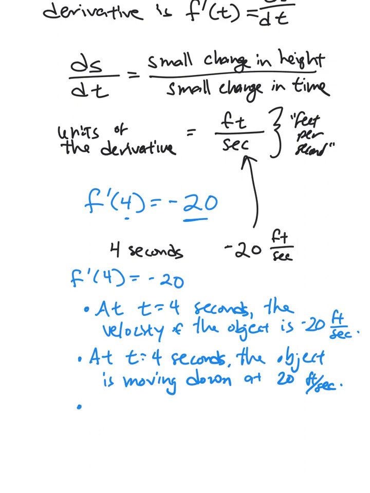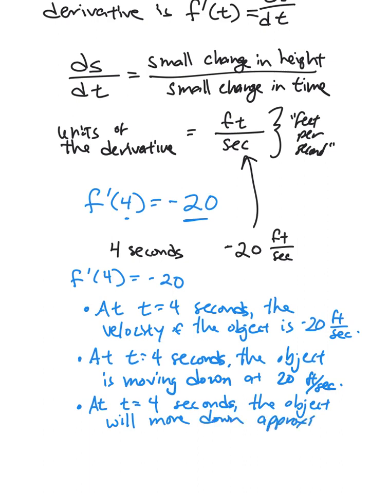And a third way to interpret this is to say at t equals 4 seconds, the object will move down approximately 20 feet over the next second.